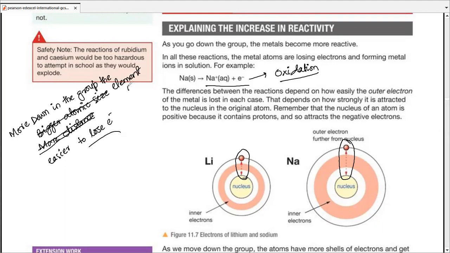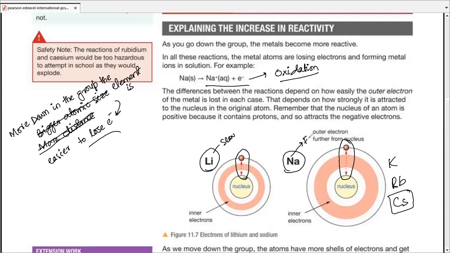The further down the group the element is, the easier it is to lose the electron. So it's difficult to lose an electron in lithium, but it's easier to lose the same in sodium. It would be even easier for potassium or rubidium, and cesium has the easiest capability of losing that electron. So remember, the reaction was slow in case of lithium.